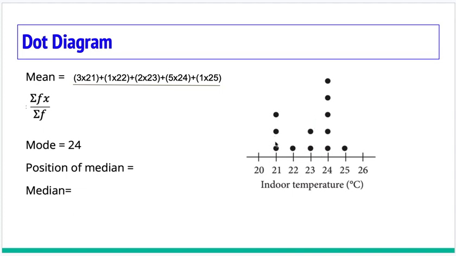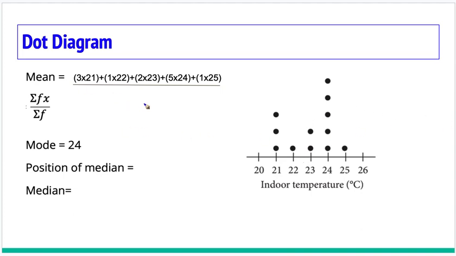So the height here is the frequency, or rather the number of dots is the frequency. So remember, we take the frequency multiplied by the score for each number. So since there are 3 numbers of 21, we have 3 times 21, and then plus 1 times 22, 2 times 23, and so on.